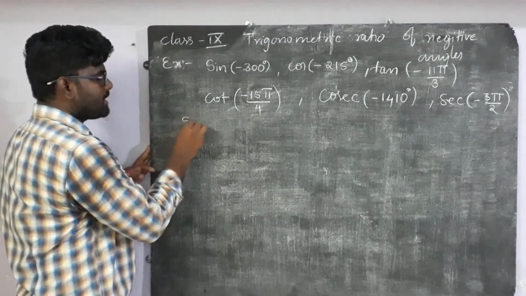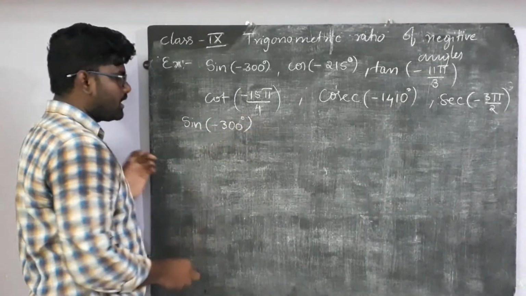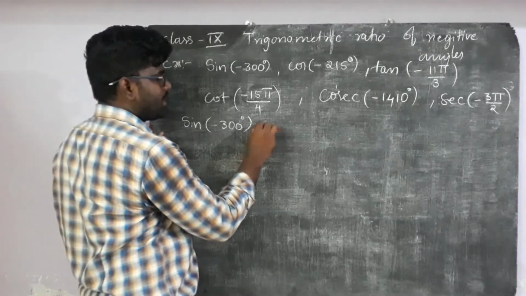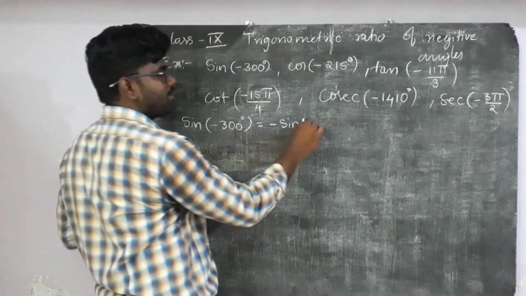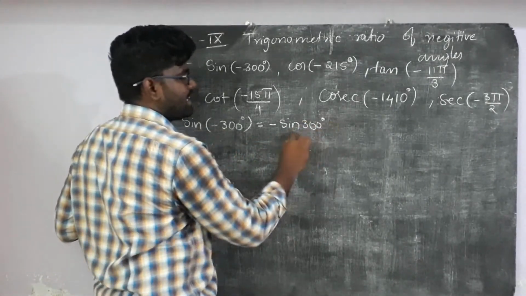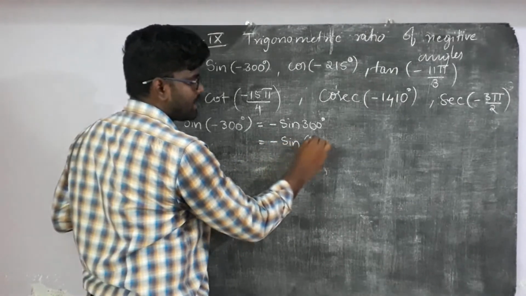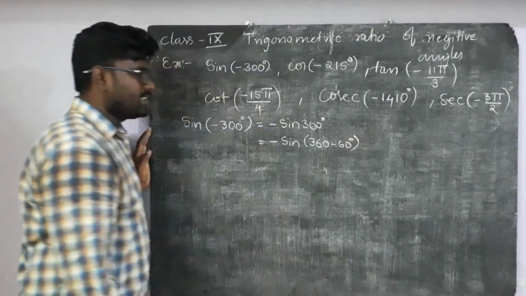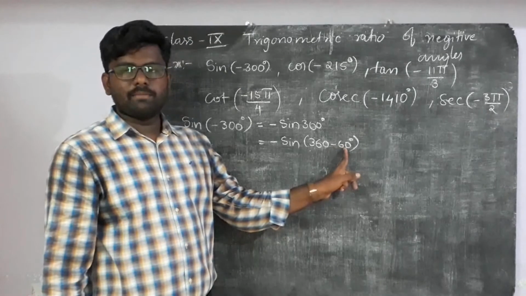Here, first, sin minus 300 degrees. Just now we learned sin minus theta is equal to minus sin theta. That means we can write minus sin 300 degrees. Sin 300 can be written as 360 minus 60 degrees, that is 360 minus theta. 360 minus theta means which quadrant?